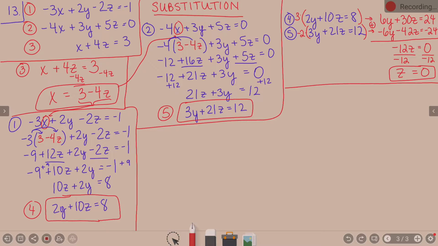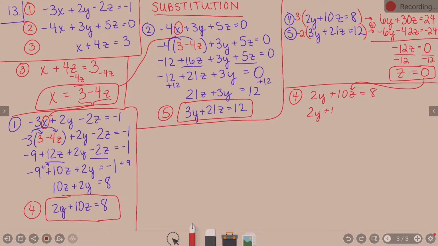A lot of times we'll say use equation 4 or 5, right? So if we use equation 4 or 5, preferences, you guys are going to tell me 4, aren't you? So 4 is 2y plus 10z equals 8, except z is 0.